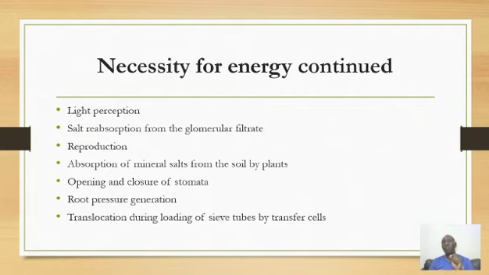Remember, mineral salts are absorbed by diffusion, but they are also absorbed by active transport. So it is that active transport that requires the use of energy, bringing about their uptake from the soil.